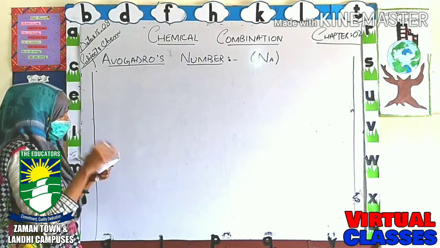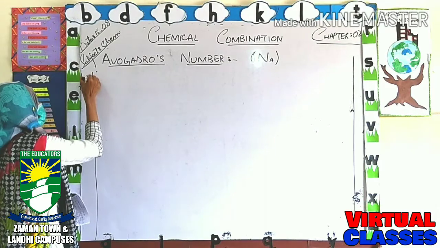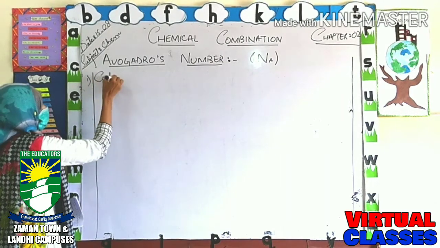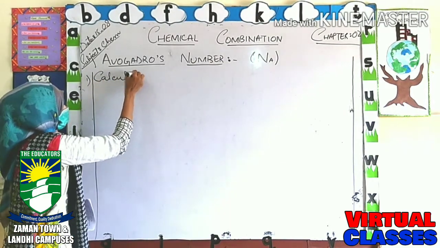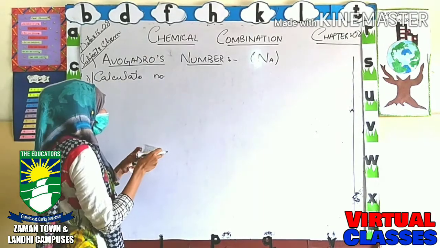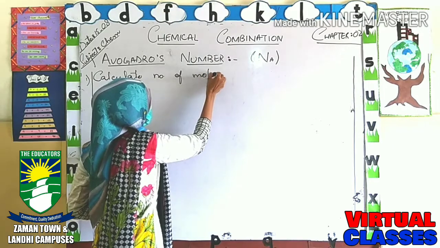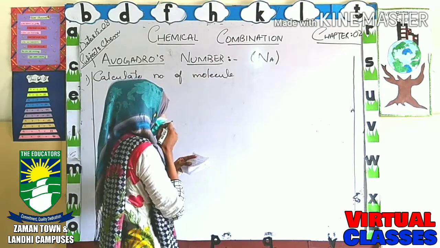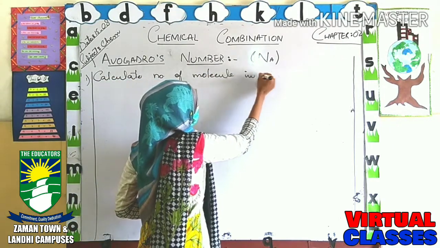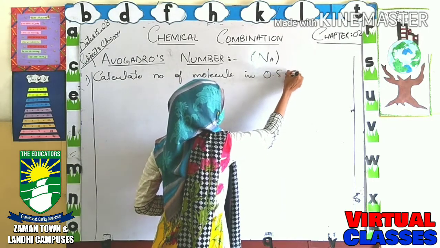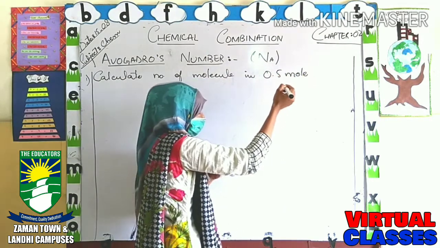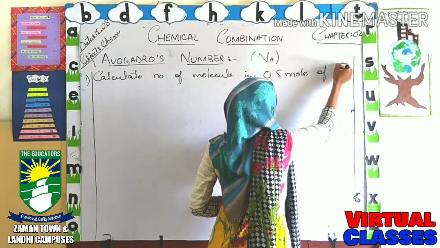So the first numerical is: calculate the number of molecules in 0.5 mole of carbon dioxide.